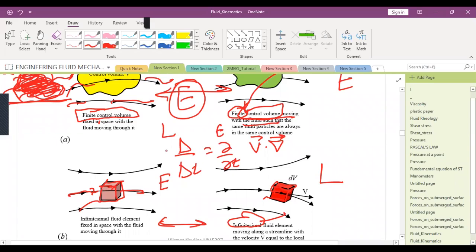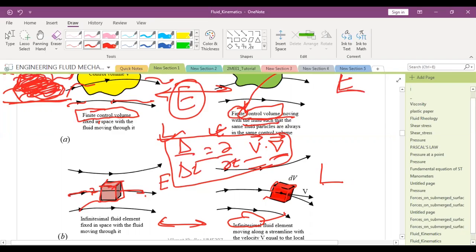You were going from Lagrangian to Eulerian, so this is also Lagrangian, this is also Eulerian. When you derived this, we were saying we are going from Lagrangian to Eulerian, so on which approach were we actually applying it, if you remember? Infinitely small particle. Yes, you are correct. We were applying to a differentially or infinitely small fluid element.